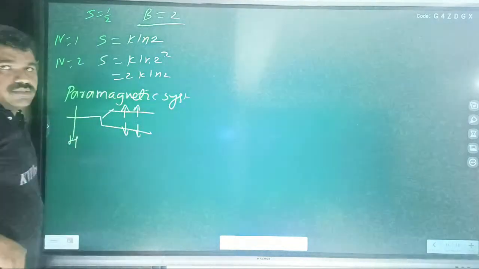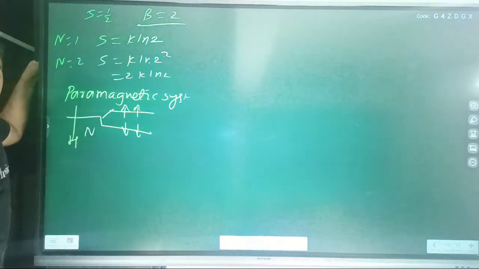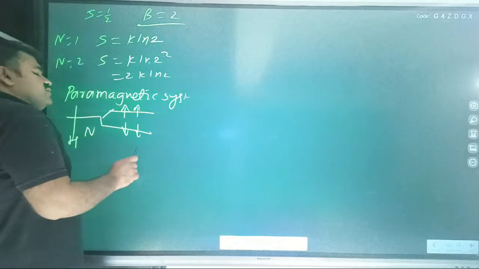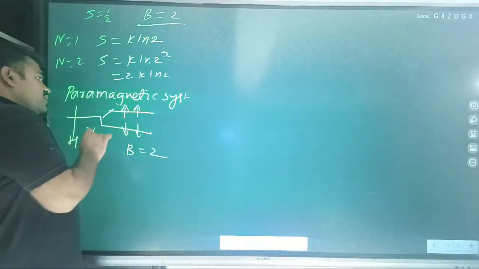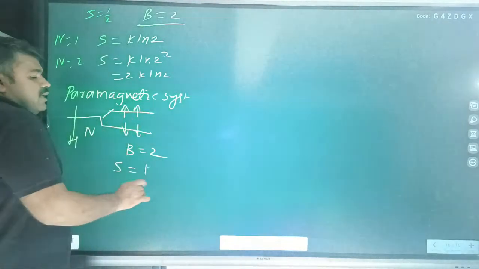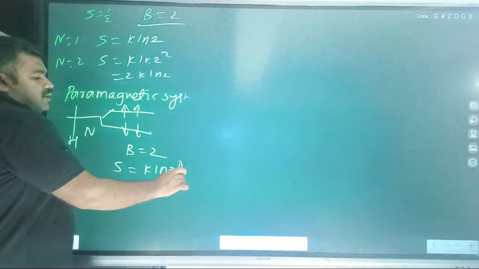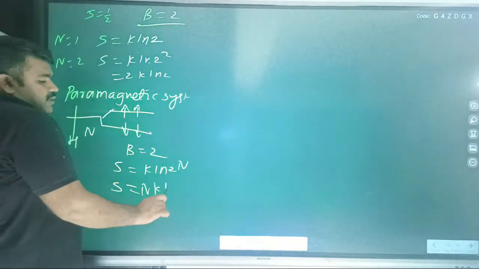Some align in the same direction, some in the opposite direction. N particles are present in the paramagnetic system. What is the basis for this case? Either up or down, so basis is 2. Then the paramagnetic system entropy is S equal to k ln 2 to the power n, which means n k ln 2.